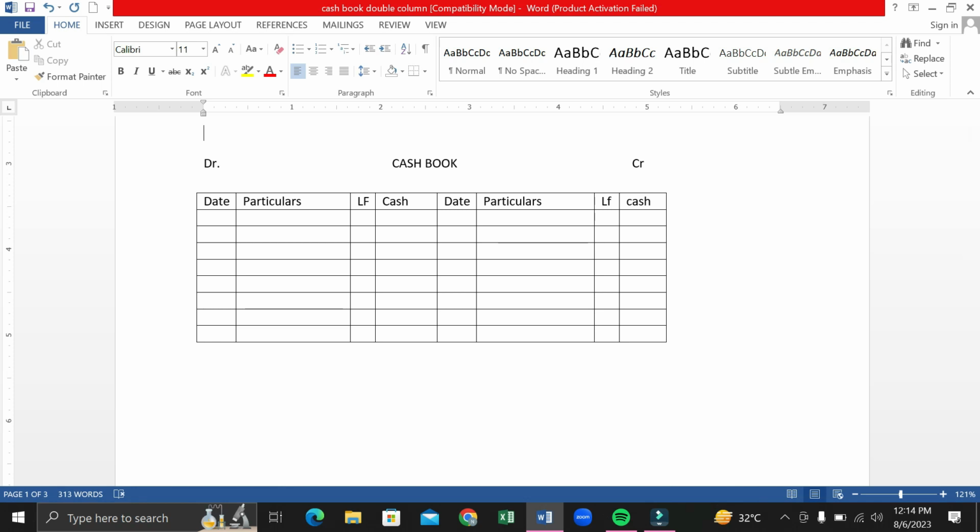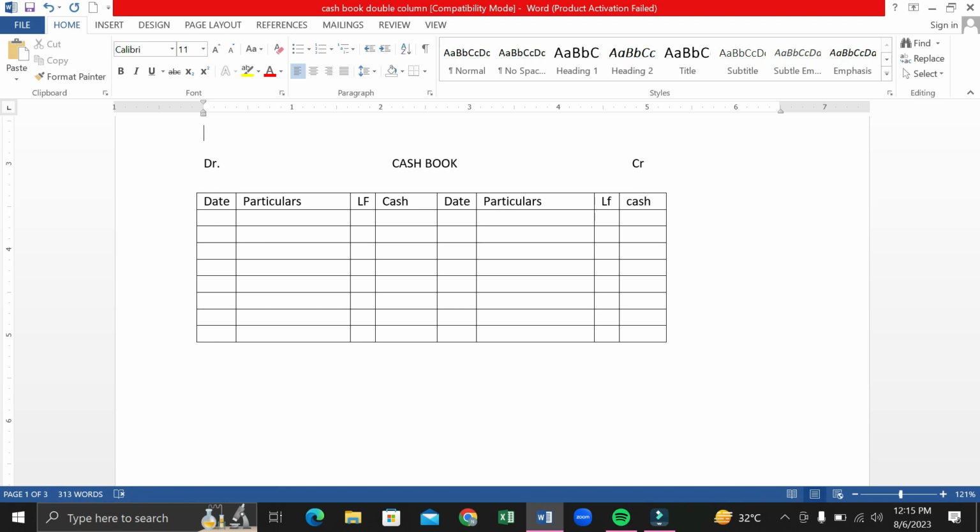Debit side, there are columns date, particulars, ledger folio and cash value. In the credit side again the same columns will be there, date, particulars, ledger folio and cash. Because when we are preparing a cash book we deal only and only in cash transactions, so बेटे हमने यहाँ पर सिर्फ कैश ट्रांजेक्शन्स को रिकॉर्ड करना है.